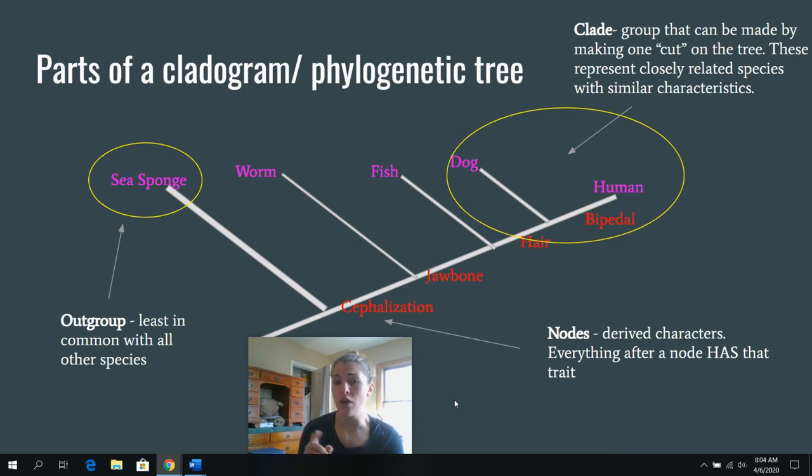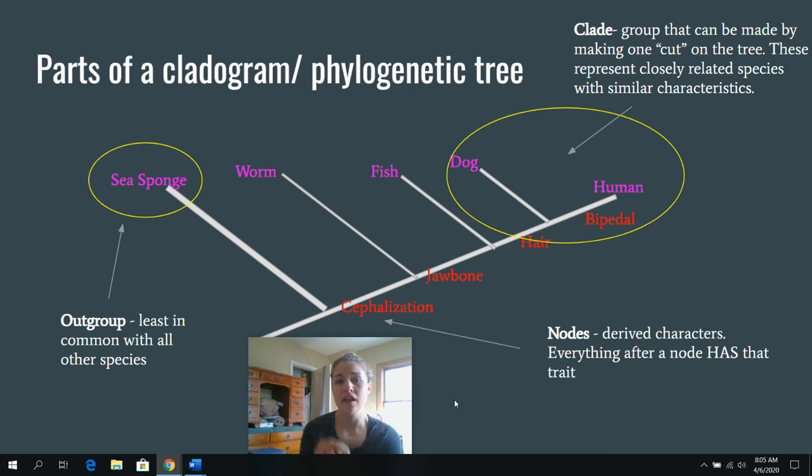Nodes, like I said before, are all the things that are in red. Those are traits. And then the last thing is a clade. A clade, imagine this whole thing up there like a tree. If I make one cut, everything that falls off when you make that one cut is a clade. That's one group that is closely related.